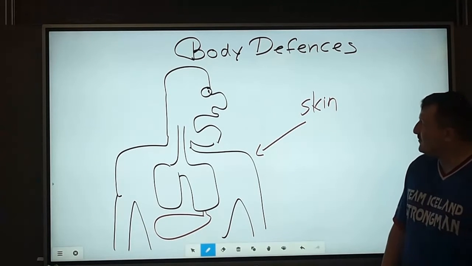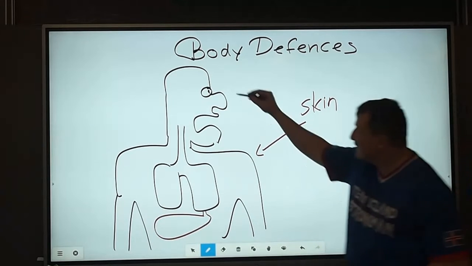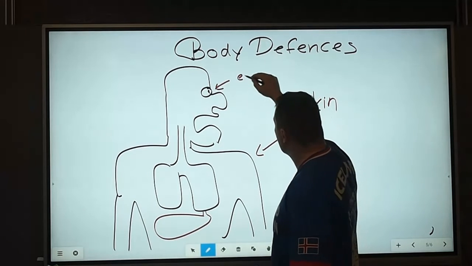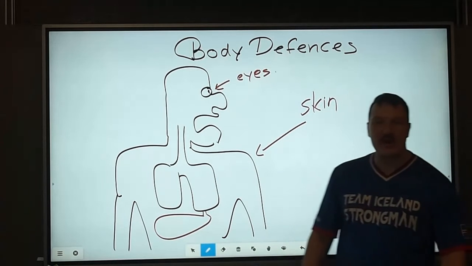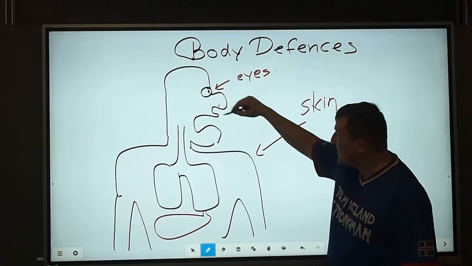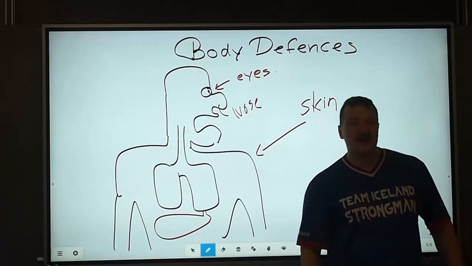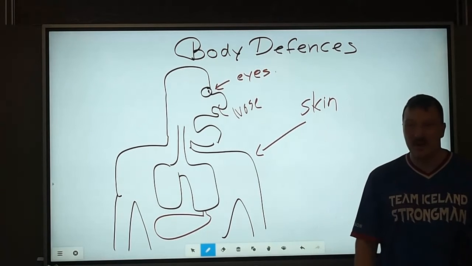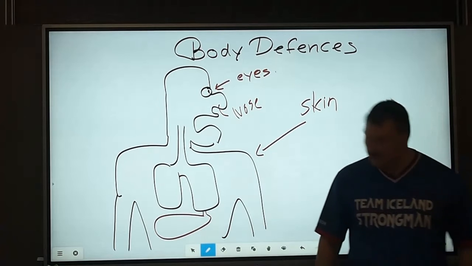Our second layer of defense we find in the eyes, for example. We have enzymes there that help break down virus and help stop pathogens. In our nose, we have hairs that help to trap dust particles and other stuff before it gets to our lungs.